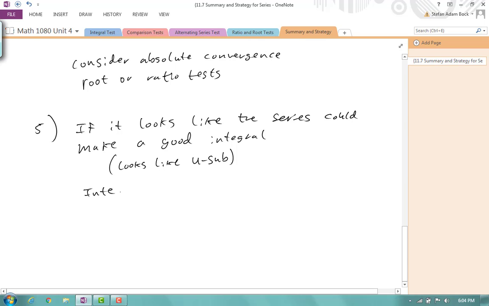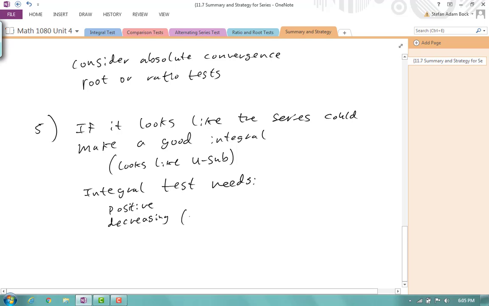And so we'll recall that the integral test needs positive terms. Eventually is okay. We need decreasing.